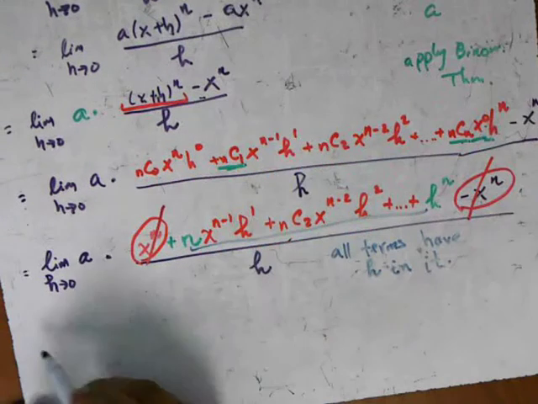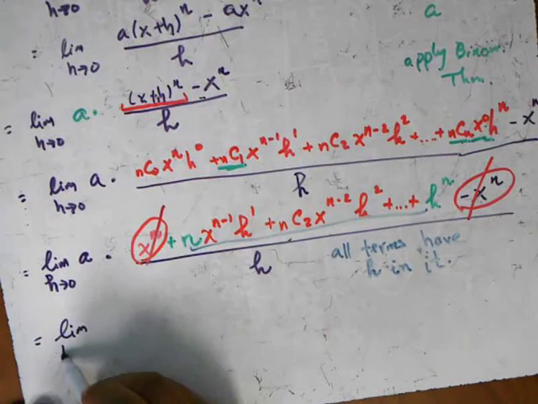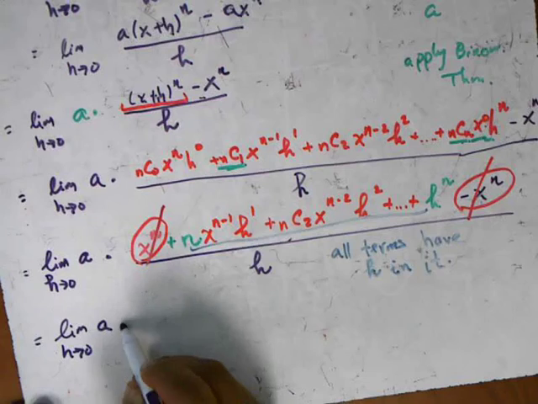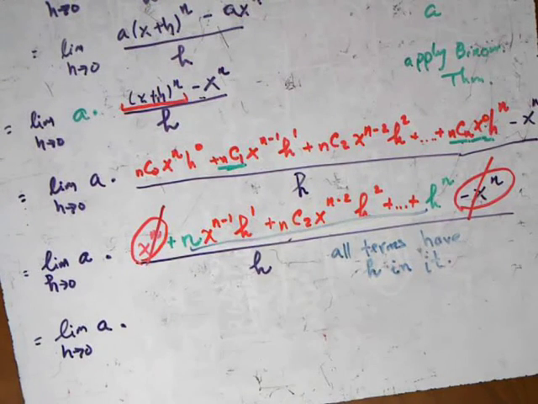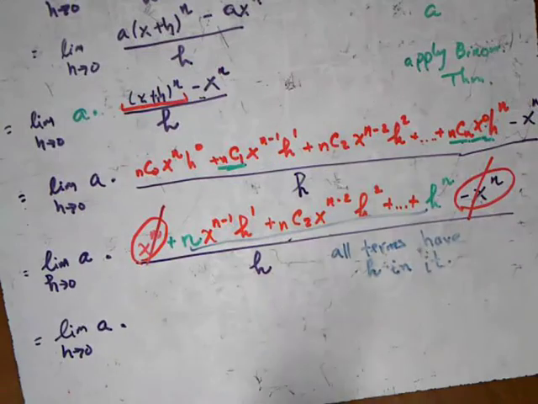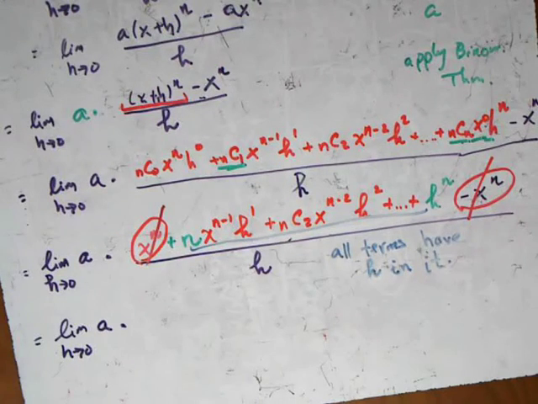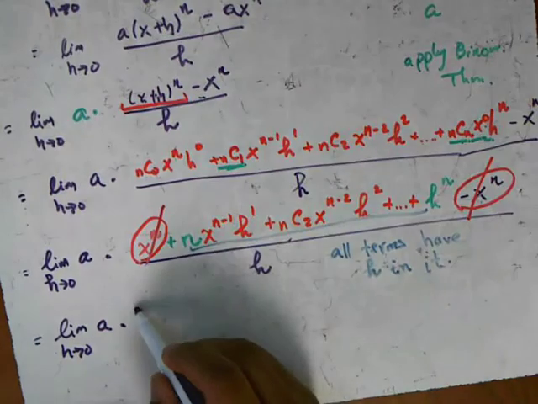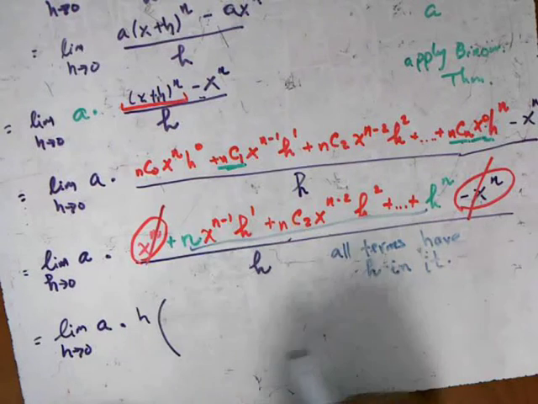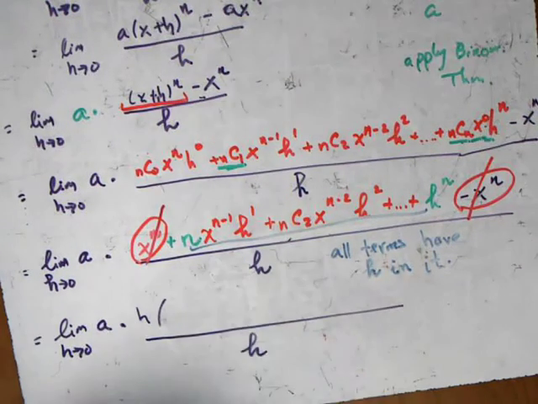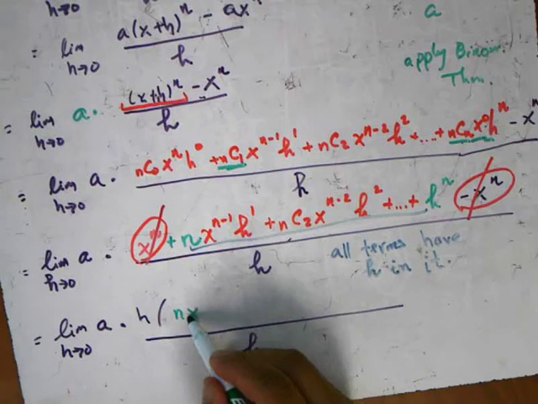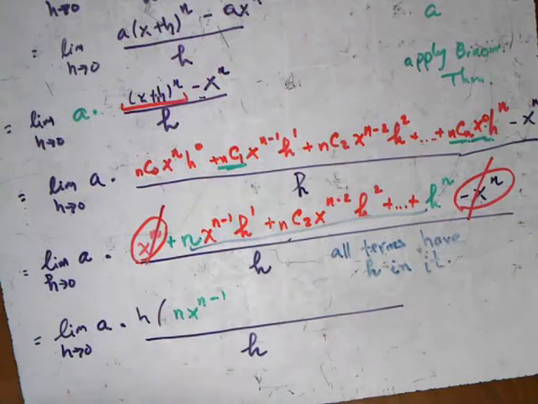So now I get the limit as h approaches 0 of a times, and I know this first term only has one h, so I can factor out an h. All of this is over h. And again, this first term has only one h in it, so what's left of it is n x to the n minus 1.